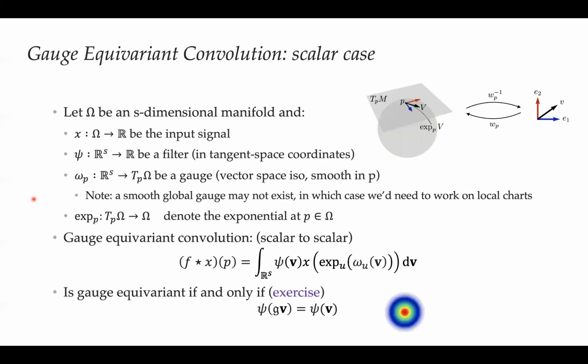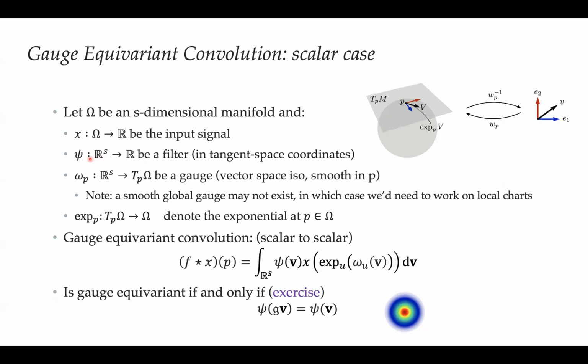So let's first look at a simple case where the input is a scalar field. So we have here our setup. We have omega as an s-dimensional manifold, and we have a scalar signal on the manifold. We have also a filter that, just like what Michael described, we can take to live in the tangent space.